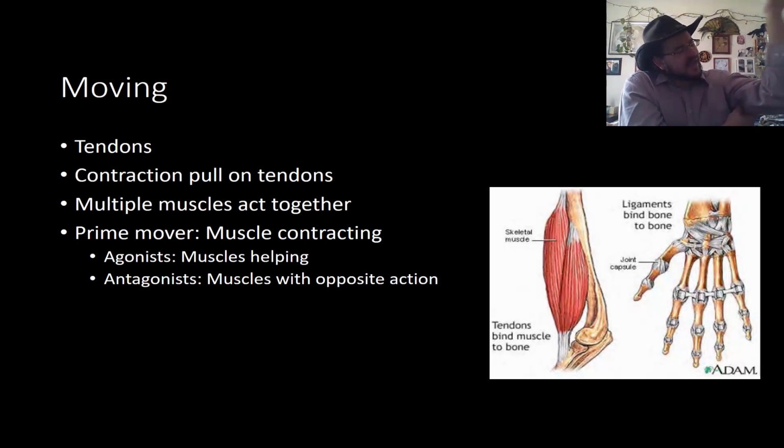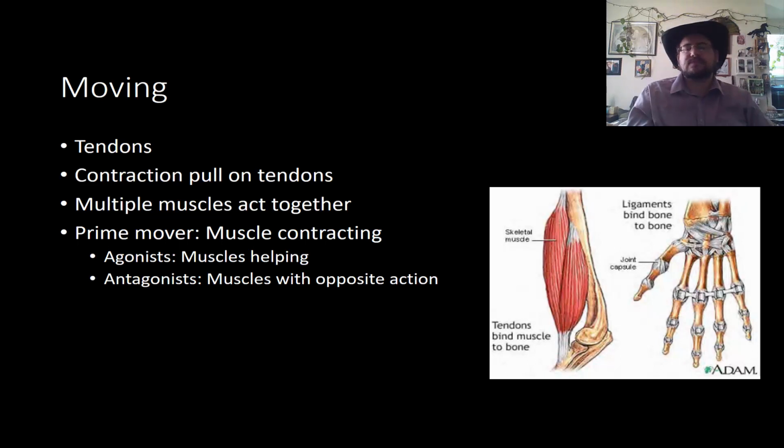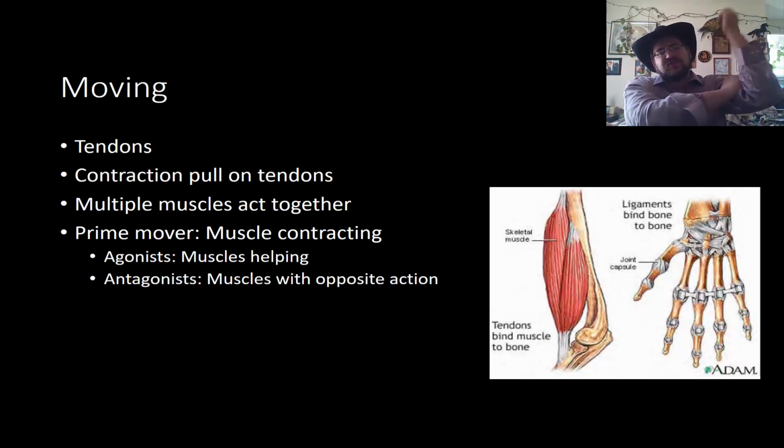Bicep flexes the elbow joint. Tricep extends the elbow joint. So, with a lot of muscles in your body, you can just put your hand on there and feel the contraction.